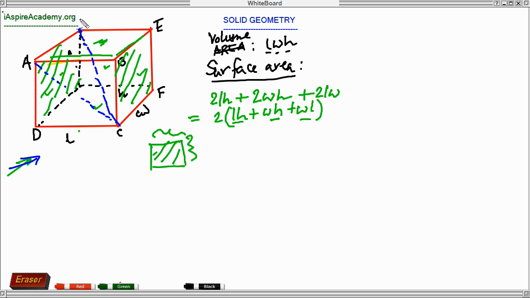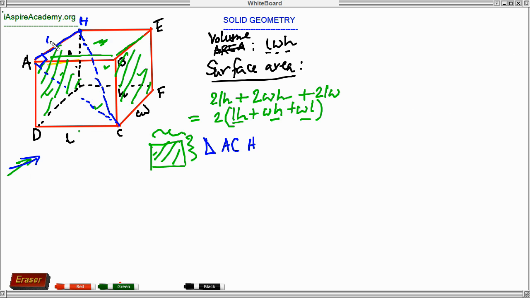Consider this triangle ACH, with the vertex named H. This is a right triangle because this angle is 90 degrees, so we can apply the Pythagorean theorem.